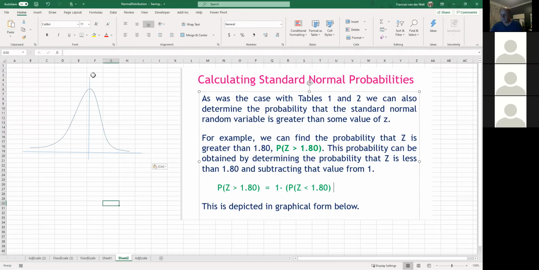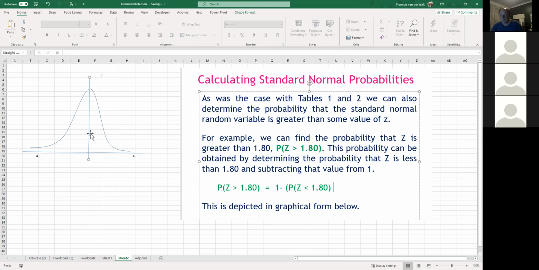We know this value is 0, this is roughly 4, and this is roughly -4. What area do we now want to look at? 1.8.